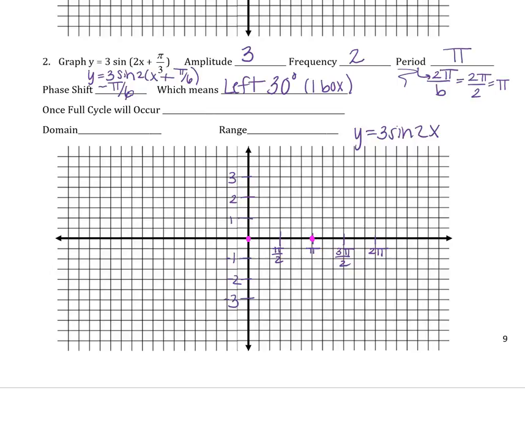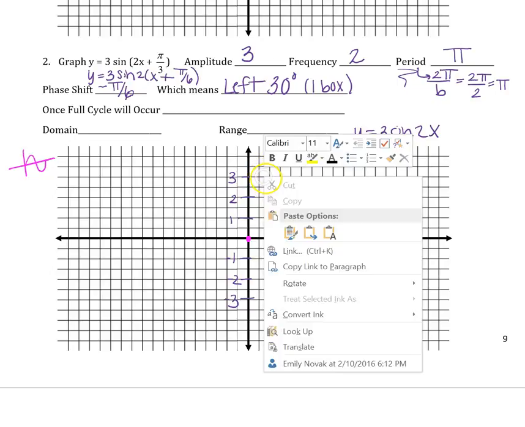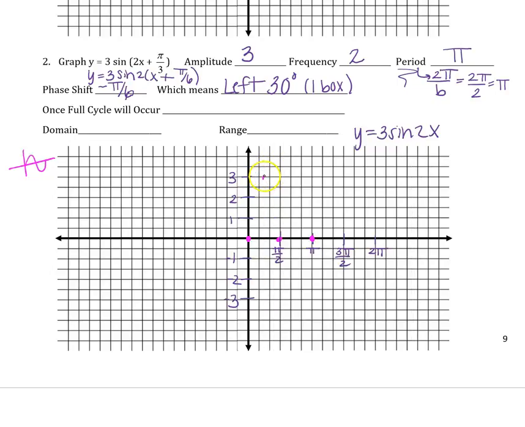So that means halfway in between these points, sine's going to hit the x-axis again. Now, keep in mind how a sine curve normally looks. I'll just sketch it off to the side over here. Looks like that. And there's been no reflection in the x-axis, so it's going to go in between these 2 points halfway up to 3, because that's my amplitude. And then halfway between pi over 2 and pi, it's going to go down to negative 3.